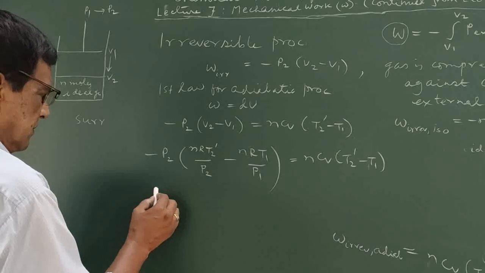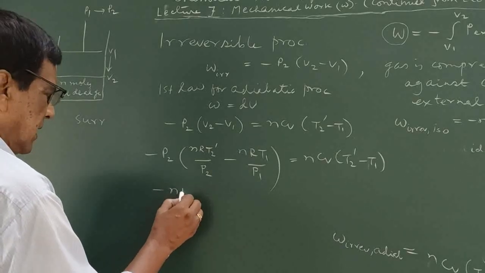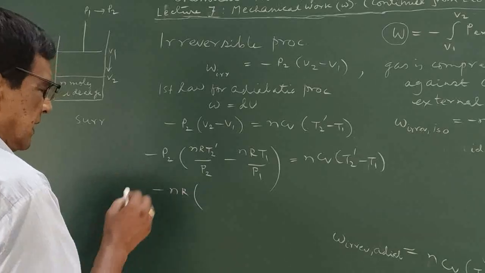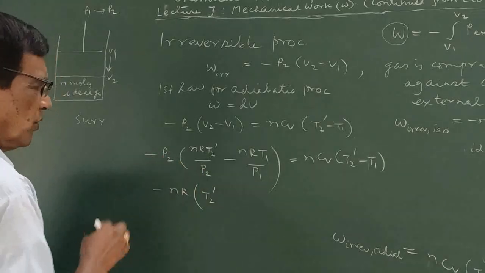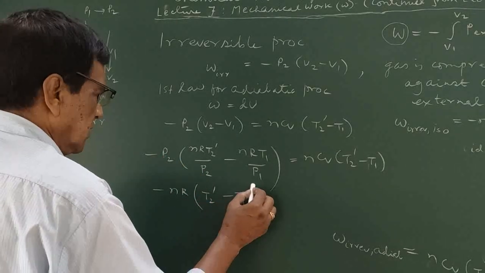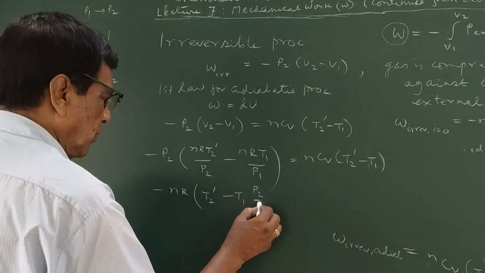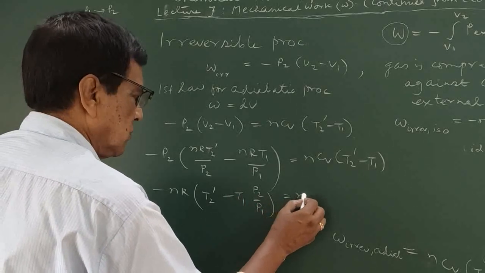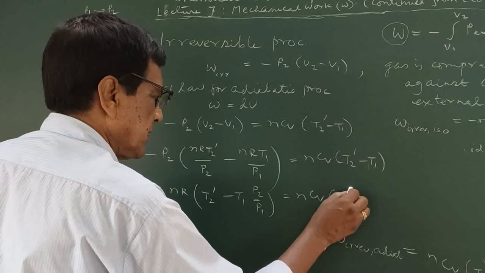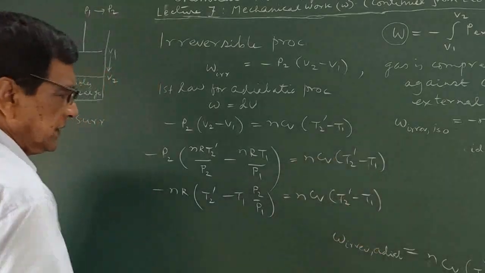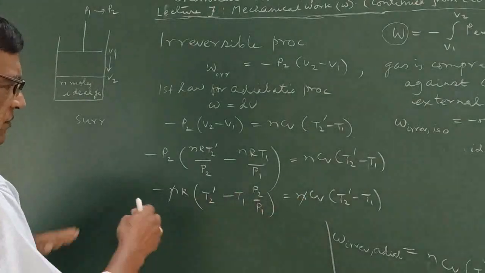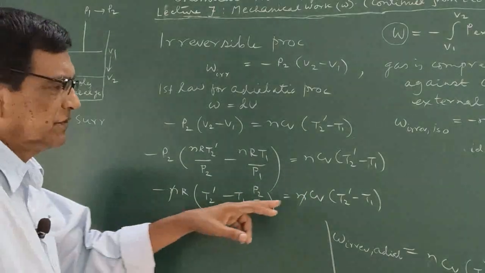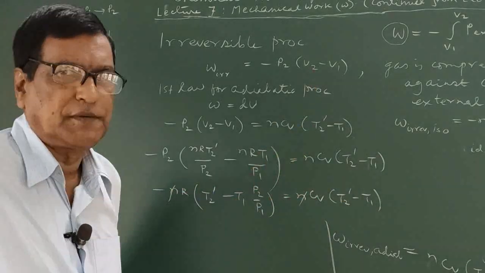So minus nR, you can take this common, P2 here T2' over P2, and minus T1 into P2 by P1, and this is equal to n Cv (T2' minus T1). And n cancels, so we can find out the value of this T2' from this relation.